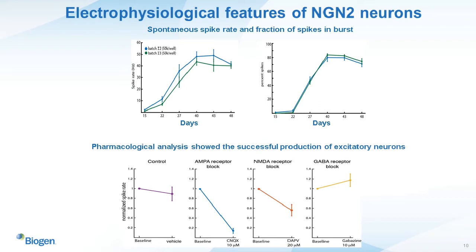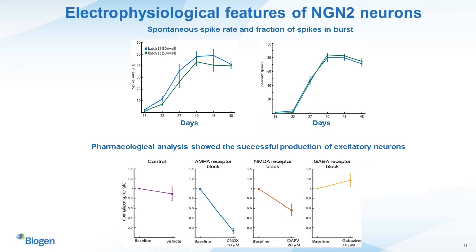The bottom panel shows the pharmacological analysis, and the activity was blocked by AMPA receptor blocker and NMDA receptor blocker, but GABA receptor blocker did not affect it. I believe we are able to show that batch-to-batch variation among each NGN2 neuron production was minimal.